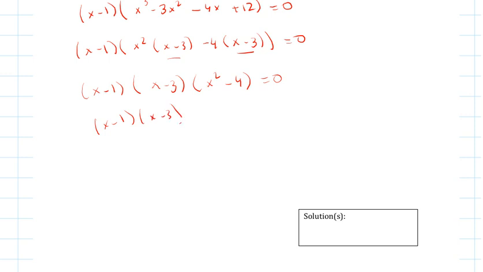So you see that my zeros are going to be negative 1, 3, negative 2, and 2. All right, so you can write the solutions here: negative 1, 0, 3, 0, negative 2, 0, and 2, 0.